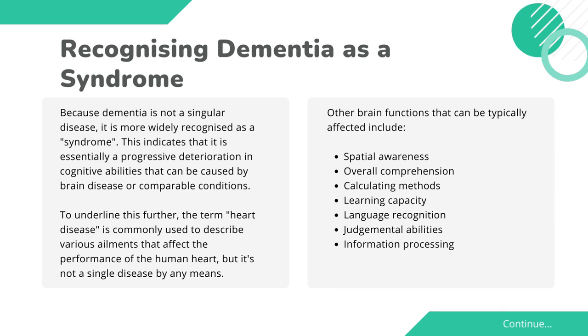To underline this further, the term heart disease is commonly used to describe various ailments that affect the performance of the human heart, but it's not a single disease by any means. Other brain functions that can be typically affected include spatial awareness, overall comprehension, calculating methods, learning capacity, language recognition, judgmental abilities, information processing.